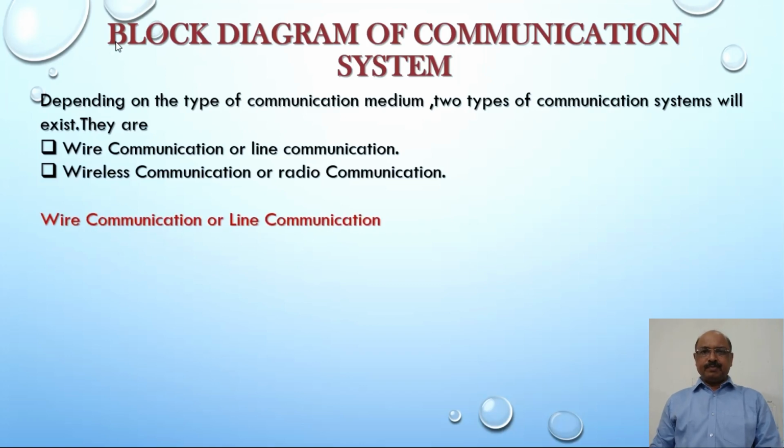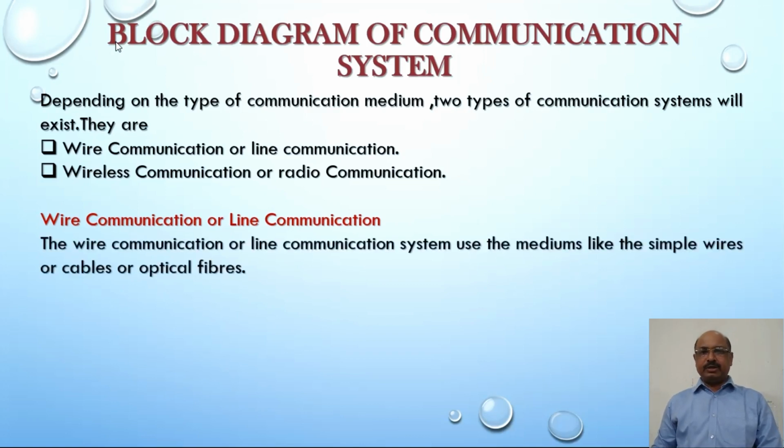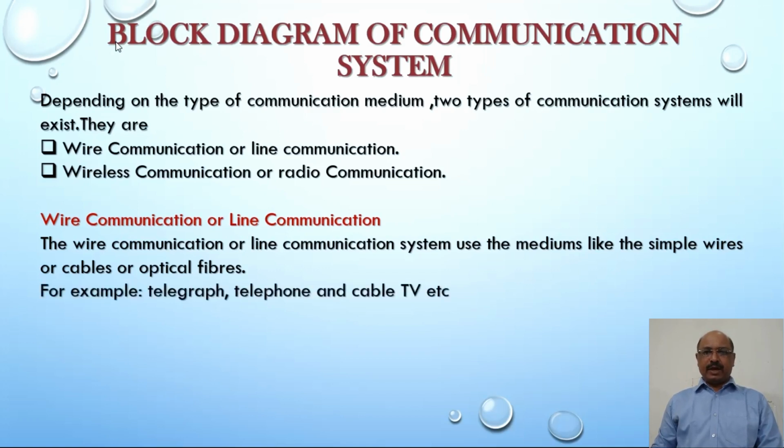Let's see what is meant by wire communication or line communication. The wire communication or line communication system uses a medium like simple wire, cables, or optical fibers. For example, telegraph, telephone, and cable TV, etc.